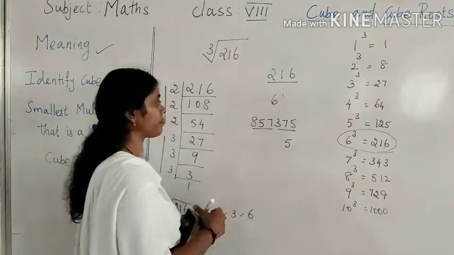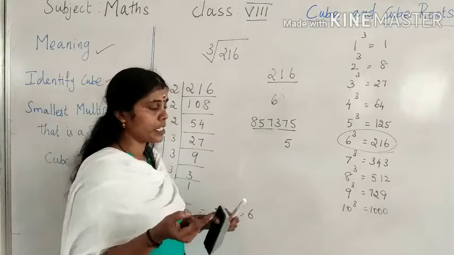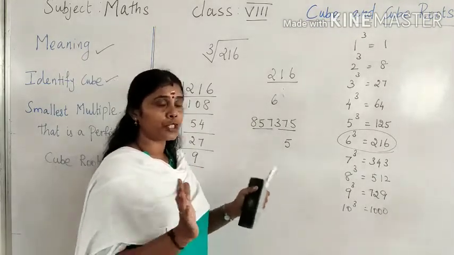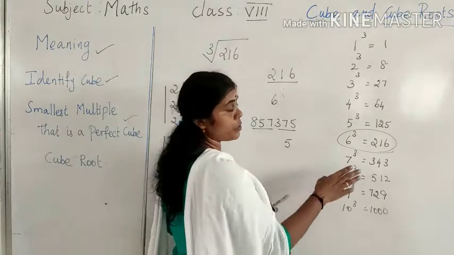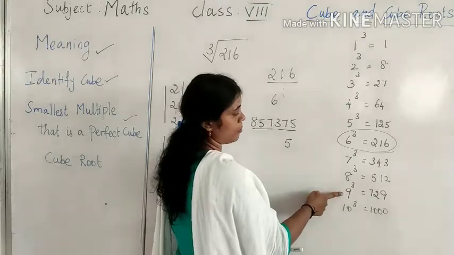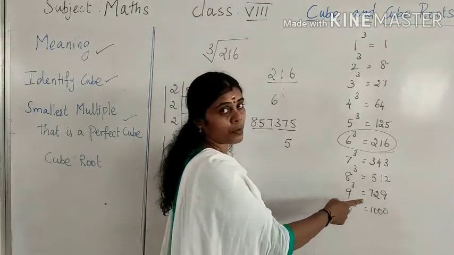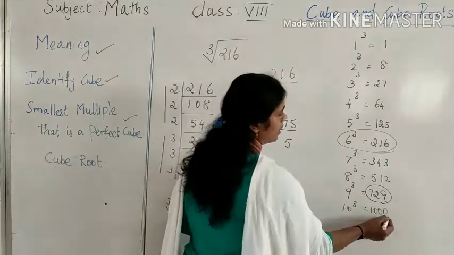And then 857. 857 comes under which cube? That we have to check. So the possibility: 8 cube is less than that, 857. If you come to 9 cube, it is 729, and 10 cube is 1000.